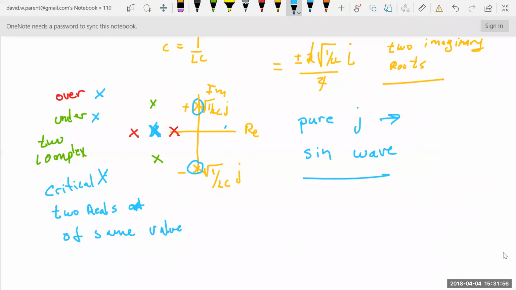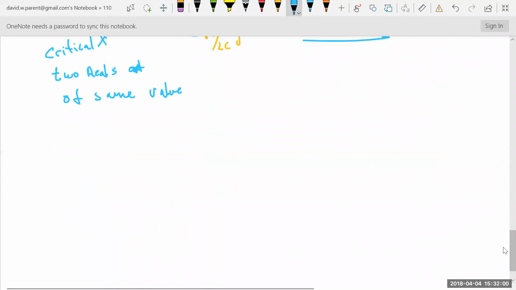And think about it. If I have energy stored in this inductor, it goes into this capacitor and stores it as charge.